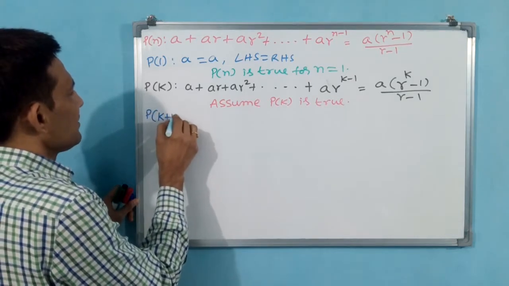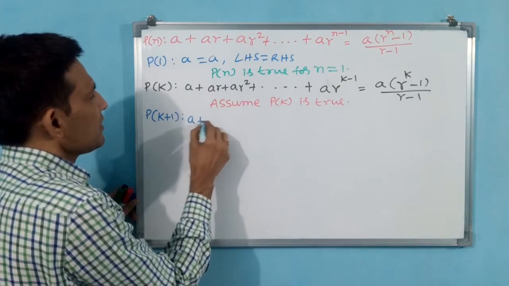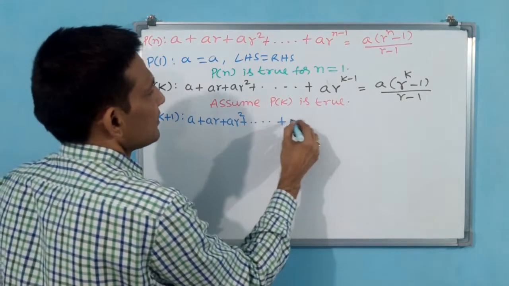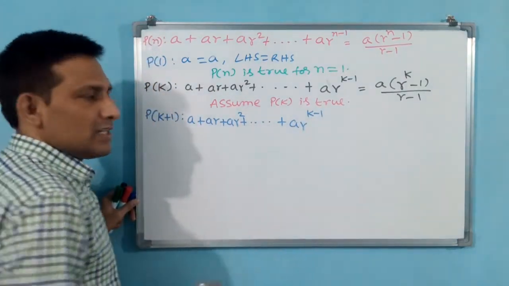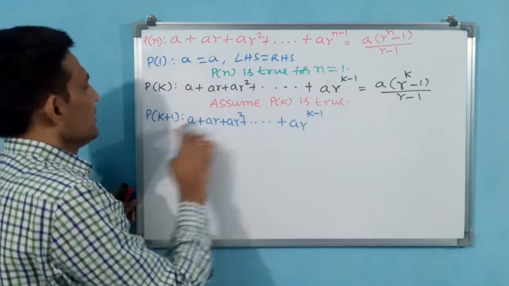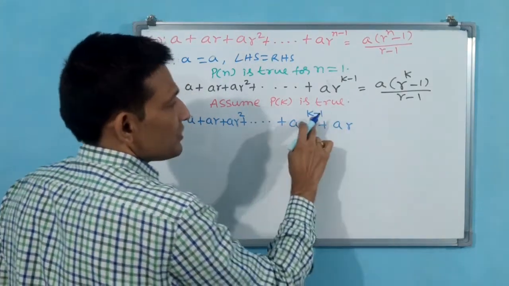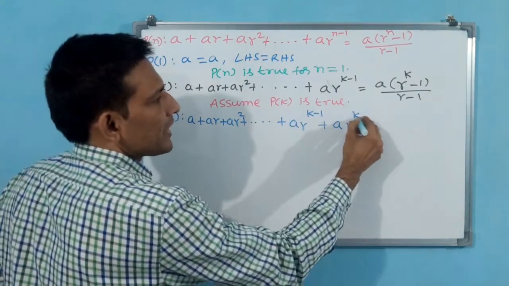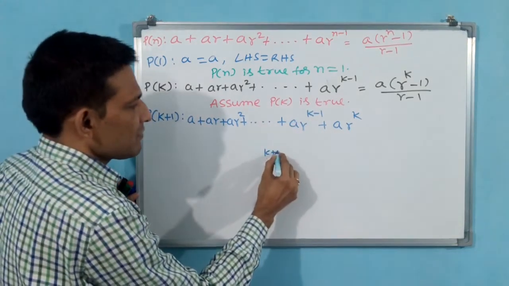P of k plus 1: simply by seeing Pk you copy A plus AR square plus, up to AR power k minus 1 you have to write. But this is up to k only. K plus 1 means further one step: AR power k plus 1 minus 1.